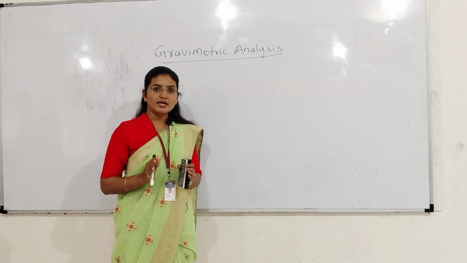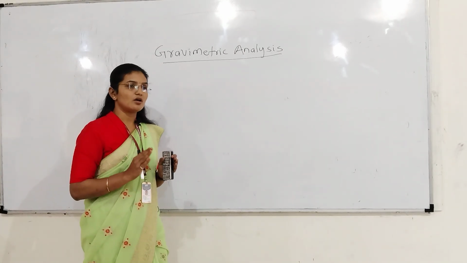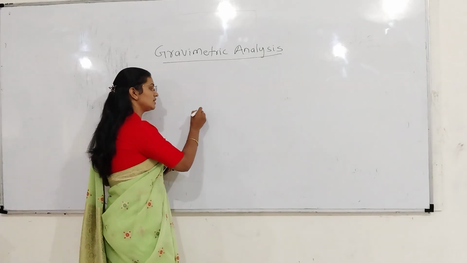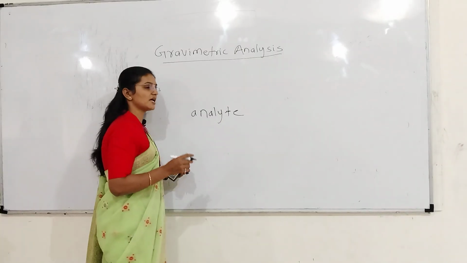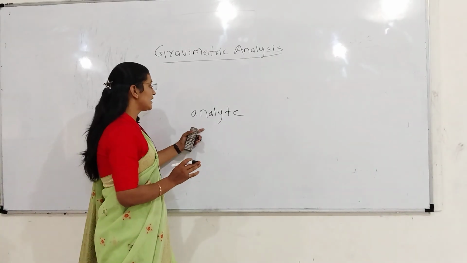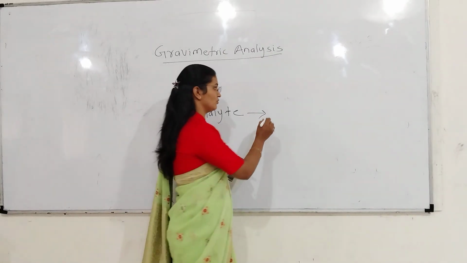The gravimetric analytical method involves the conversion of your analyte. Analyte means the substance whose analysis is to be carried out. The analyte is converted into a weighable compound.